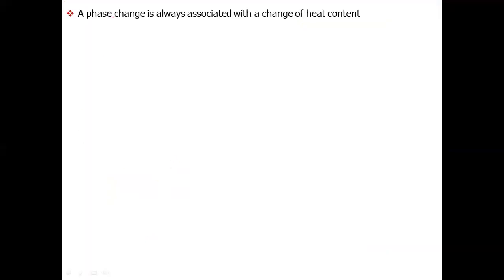Now, as a side note, let us define a phase change. Whenever we have a phase change, we have to supply some heat. Liquid is one phase, vapors are a different phase.